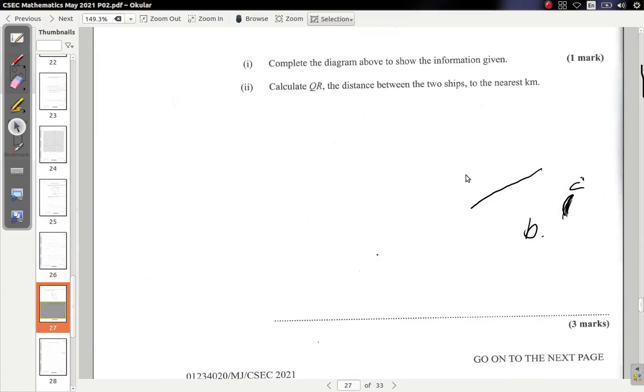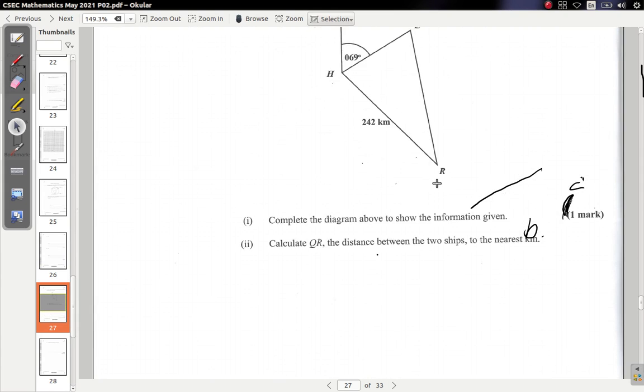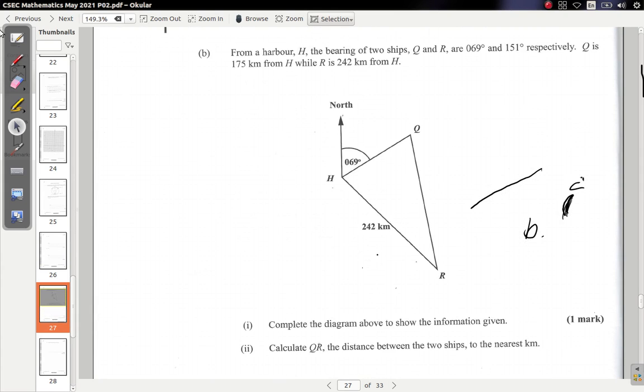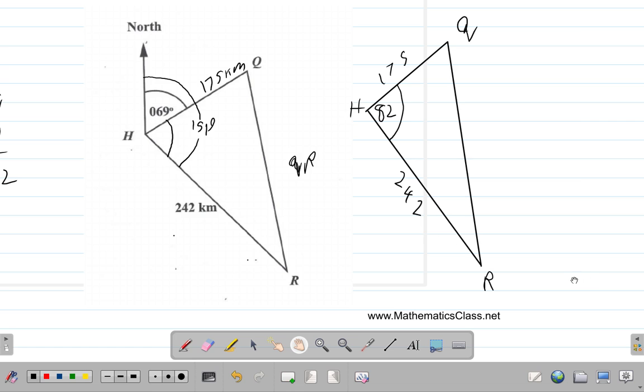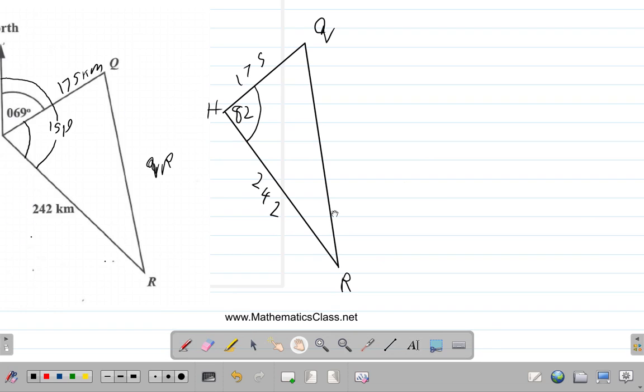Alright, good. That's how we did that. Let me erase what I did. So what are you going to say for the cosine rule?